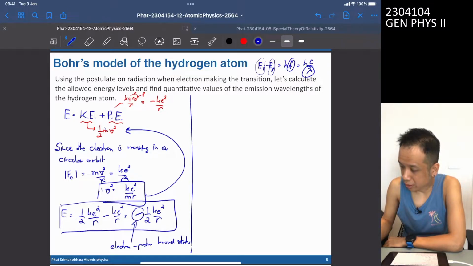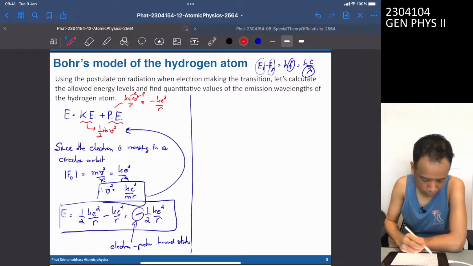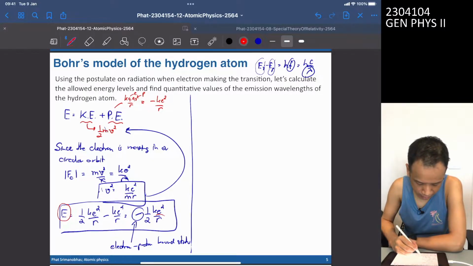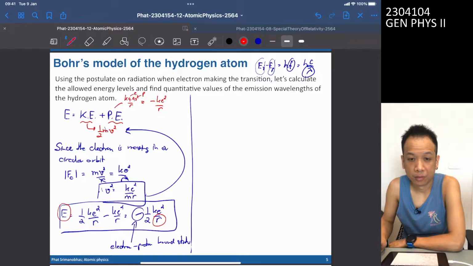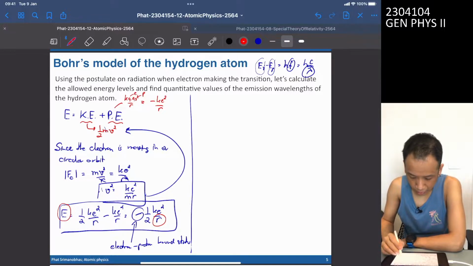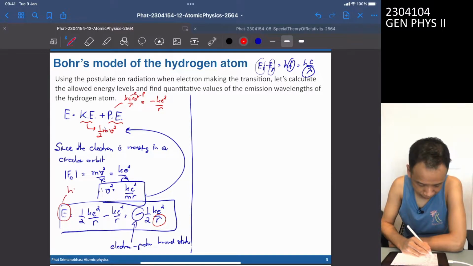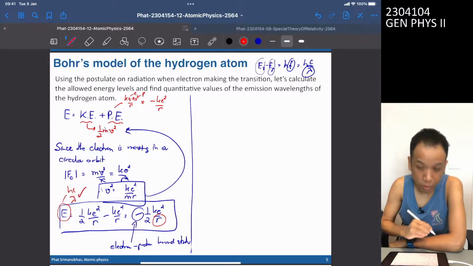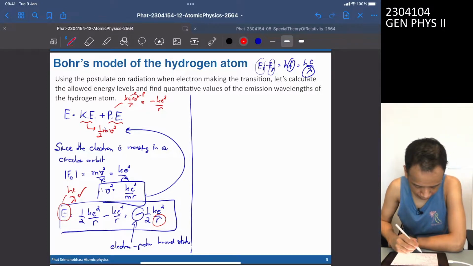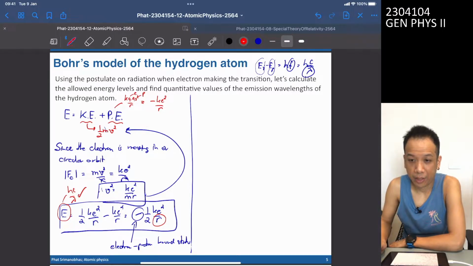So now we need to find the relation between energies and the radius. The energy is linked to the lambda, so on one side it's clear. Now you need to link the radius.